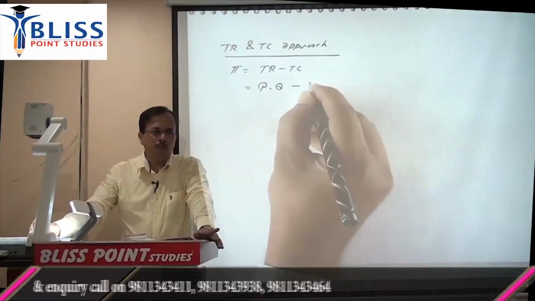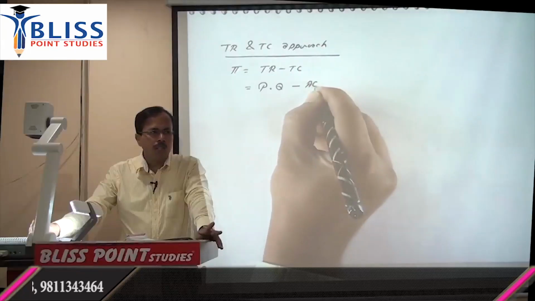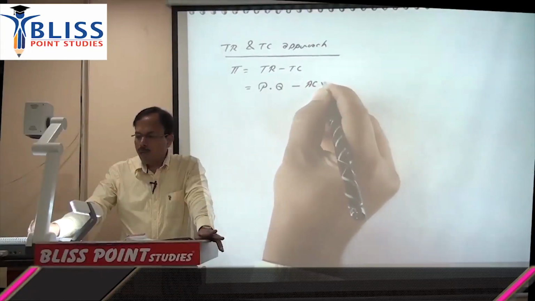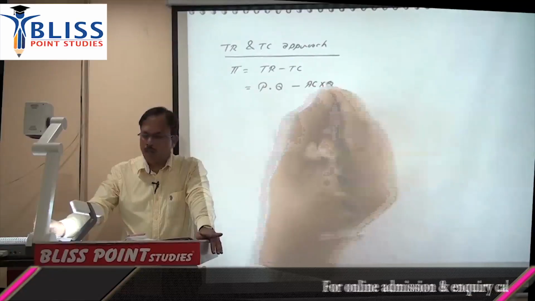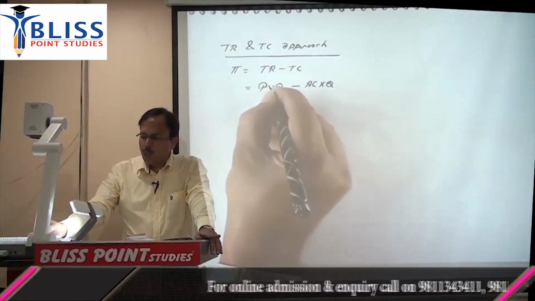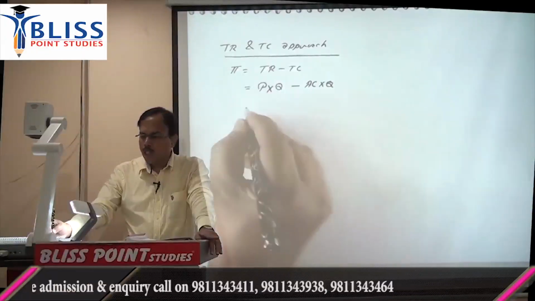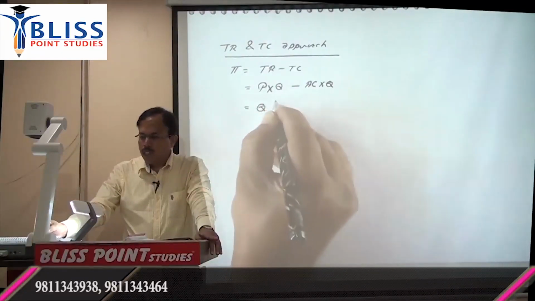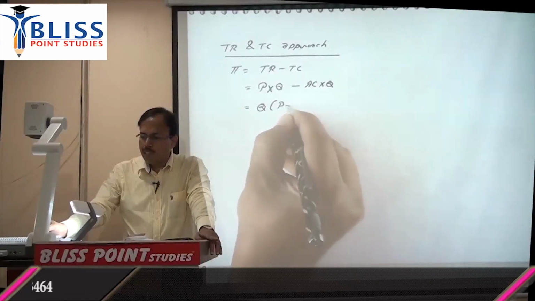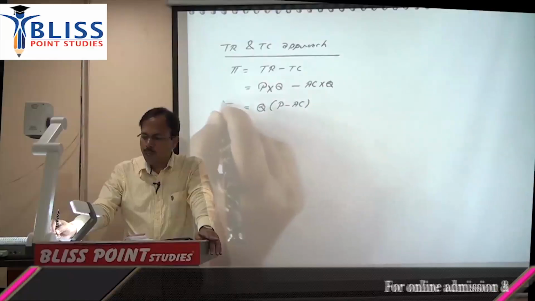You can write in that form, or you can say it is per unit cost, that is average cost, multiplied by quantity, that will also be the total cost. So as it is price into quantity, similarly it is average cost into quantity. So if you take quantity common, then that will be price minus average cost.